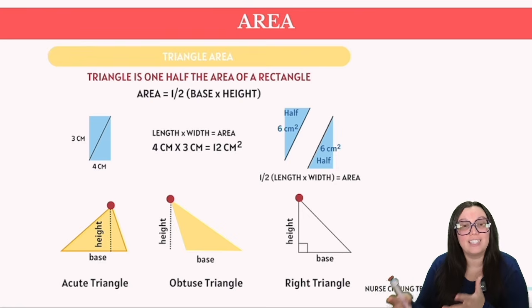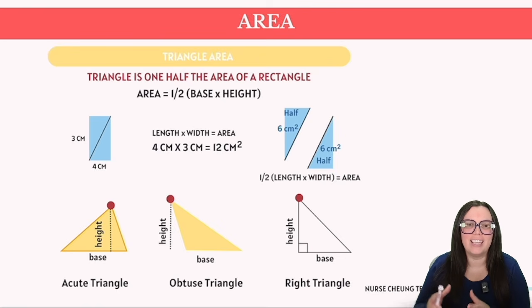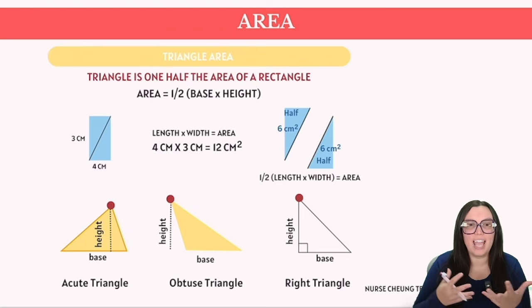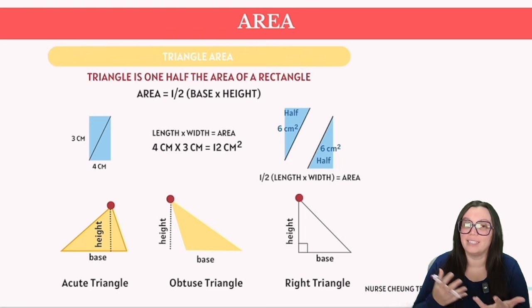This revelation leads us to the formula for the area of a triangle being essentially half of the area of a rectangle. So instead of area equals length times width, the formula for a triangle modifies to area equals 1/2 of length times width. However, there's a slight adjustment that we need to note. For our triangle's dimensions, we actually refer to them as base times height instead of length times width.